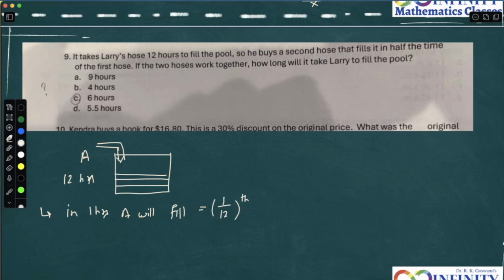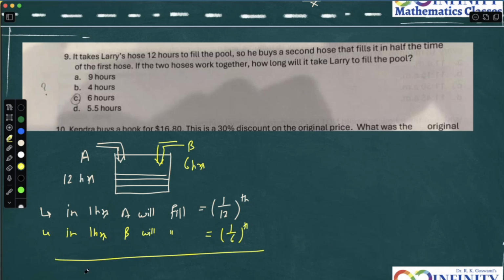Similarly, there is another hose B, and it can fill in half the time. That means 6 hours. So in 1 hour, B will fill 1 by 6. Now if you open both, in 1 hour how much will A plus B fill?